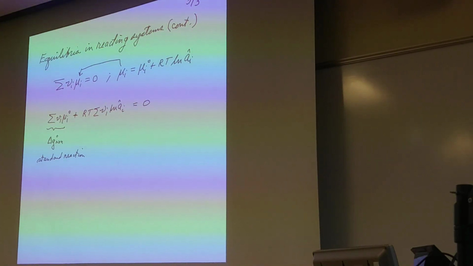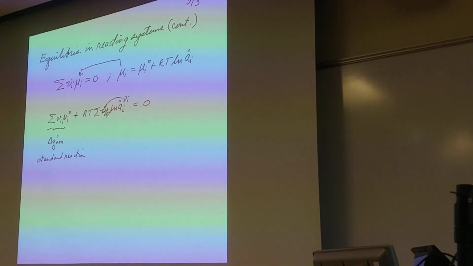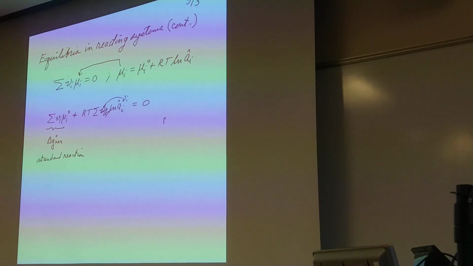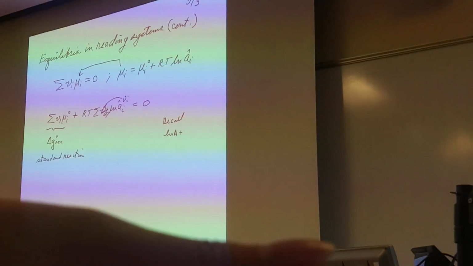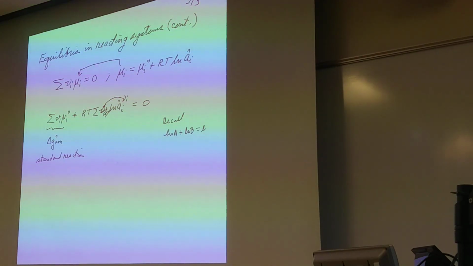So let's look at the second term here. One thing we can notice is I can stick all of these coefficients in as exponents. And then I may recall that if I have the sum of the logs of terms here, that's equal to the log of the product. Remember that, just for math.